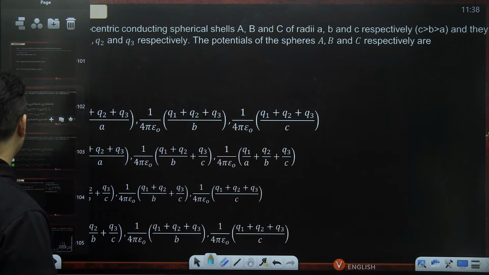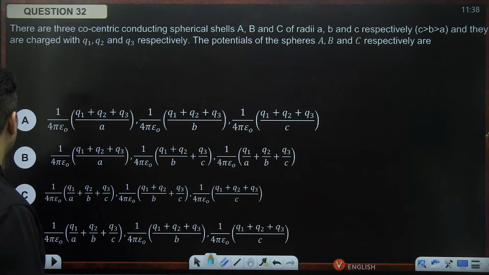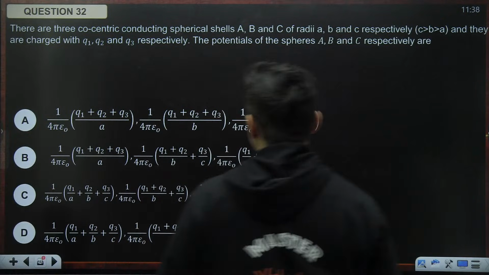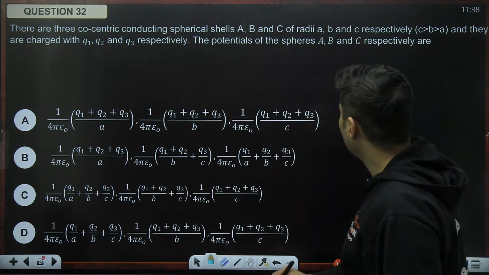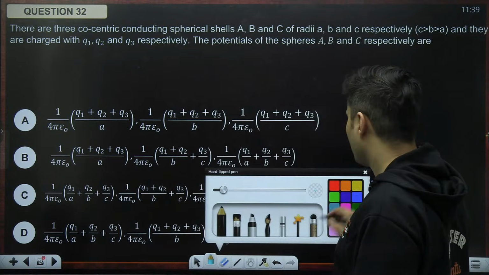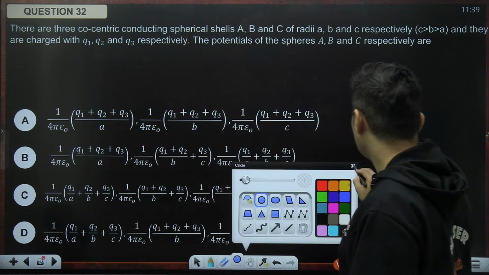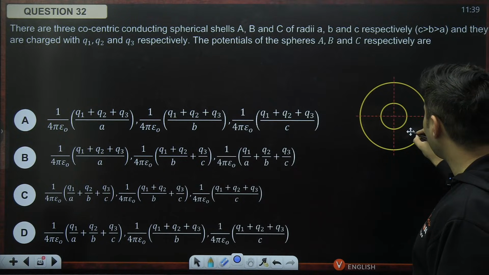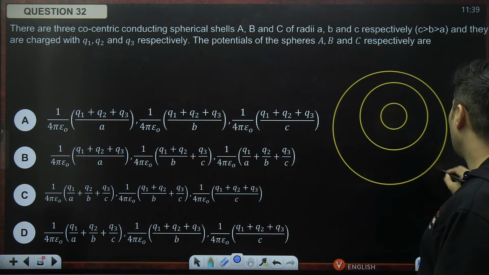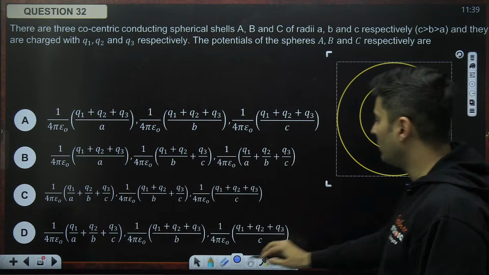Next one. On your screen, here it is. There are 3 concentric conducting spherical shells and are charged with Q1, Q2, Q3. The potential of the spheres are. Okay. So let me first draw it. It's purely conceptual. The options are scarier than the concept. Concept is simple only.